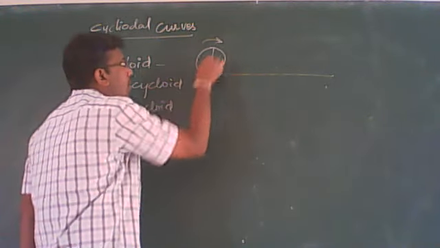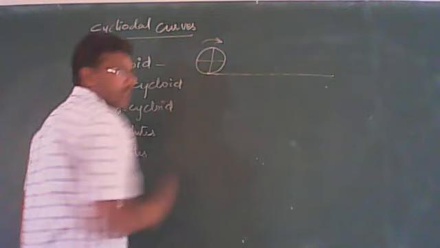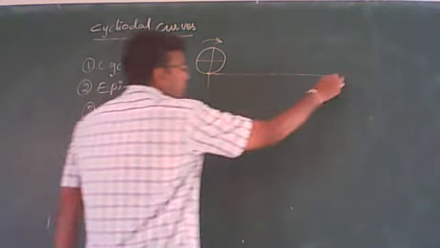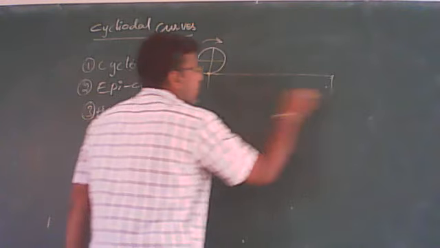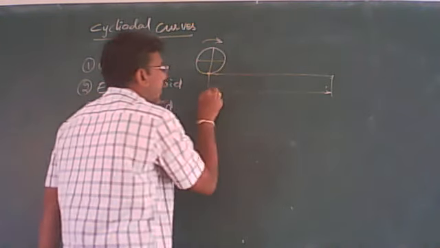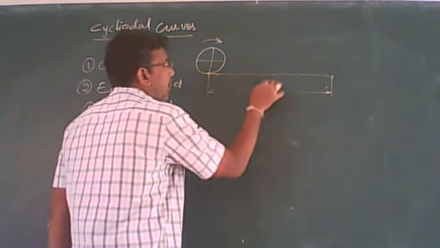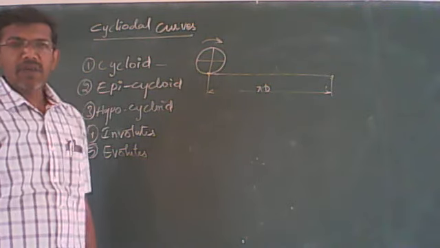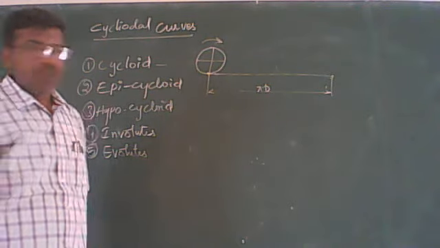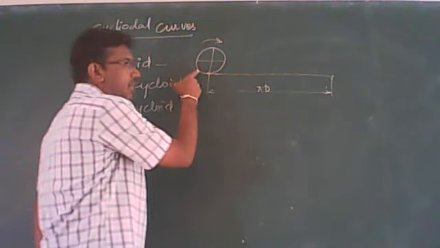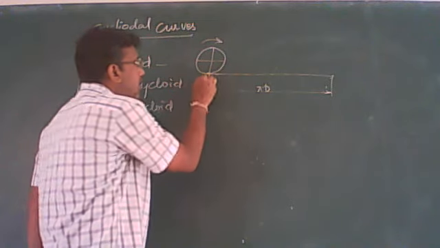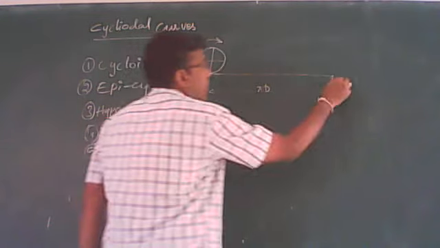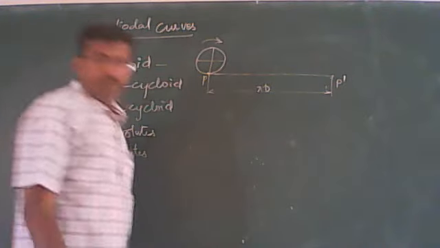Okay, now let me divide this circle into just four parts. Now for one complete revolution, this is going to travel a distance of pi d. Pi d is nothing but the circumference of the circle. So for one complete revolution of this circle, the point, this is P, is going to travel pi d distance up to the second point, that is P dash.